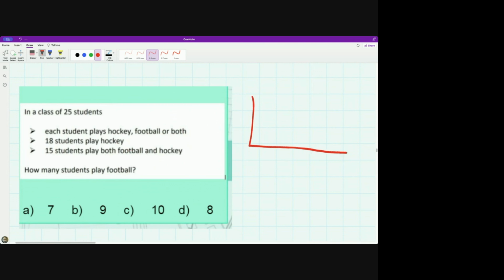Try and draw a Venn diagram for that, and then see if you can answer these questions here.